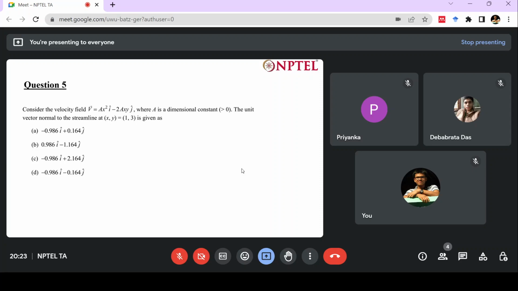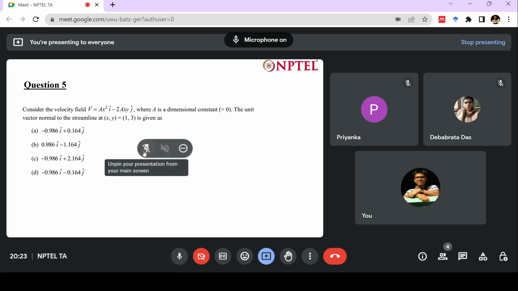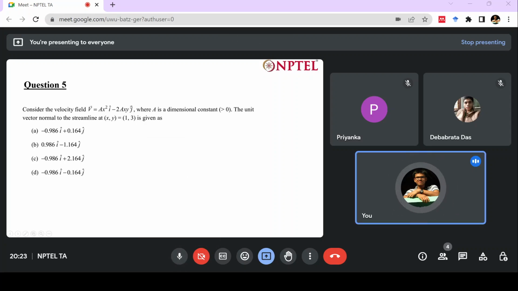So how will you approach this problem? So equation of streamline.